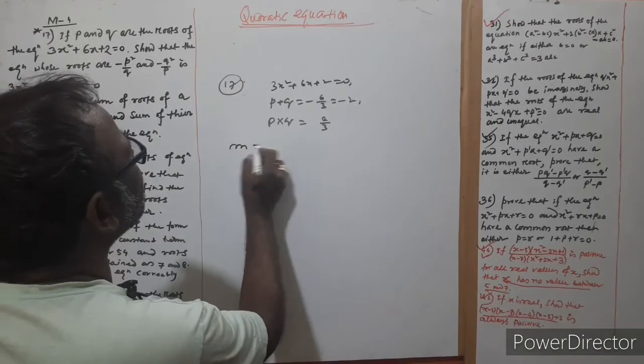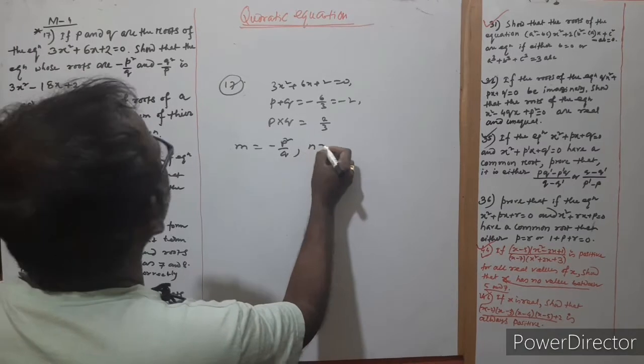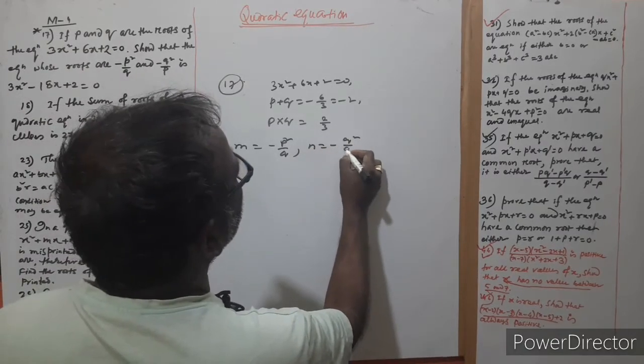Now let us assume m is minus p square by q, and n is equal to minus q square by p.